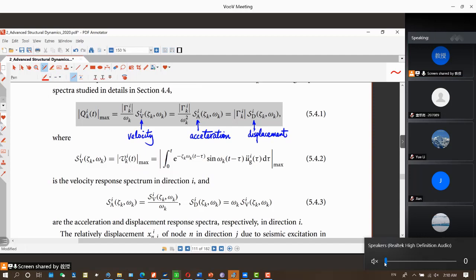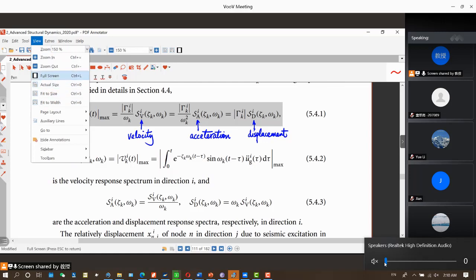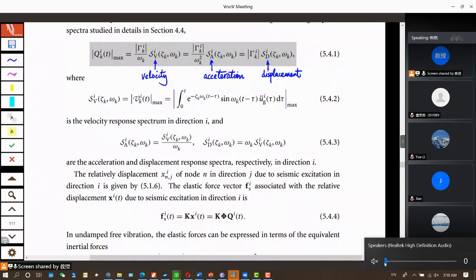Let's say if D is sine omega t, V is equal to the derivative of D, so that's omega cosine omega t. And A is V dot or D double dot, so that's minus omega squared sine omega t. So we have a relationship in terms of omega. Sine and cosine would be similar in this.